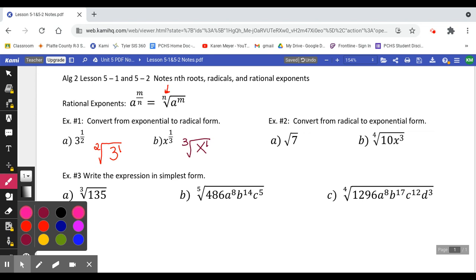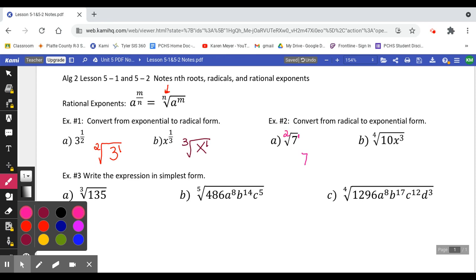Now, example number 2, we're going backwards. This time I'm giving you the roots, and I want you to write it as a fraction exponent. So underneath the root, you have 7, so that's going to be my base. The 7 doesn't have an exponent, so that means it's to the first power. Whenever you see a root without an index number, that means it's a square root.